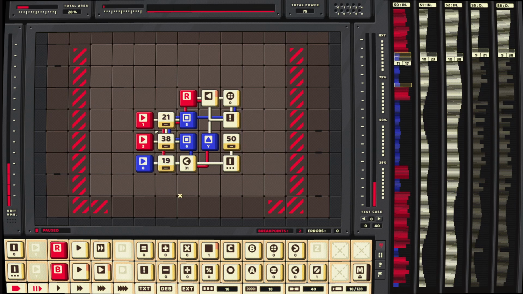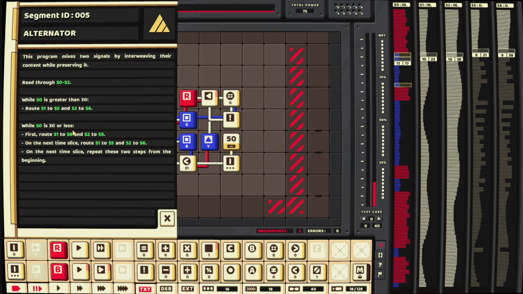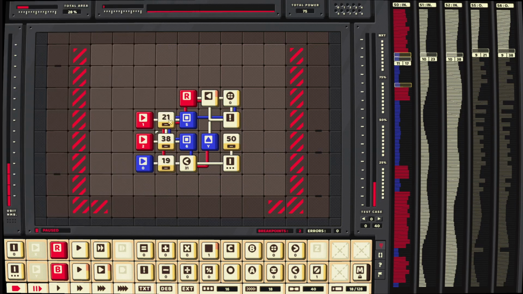So 19, we have something less than 30. So 1 should go to 6, meaning these should flip, right? We've just read in 21 and 38.